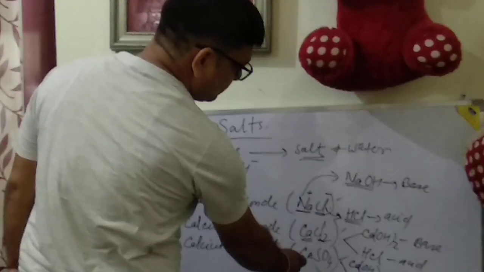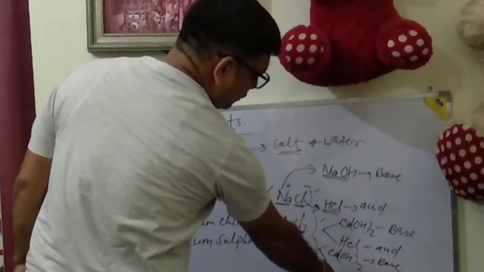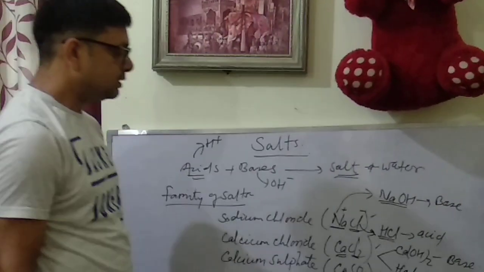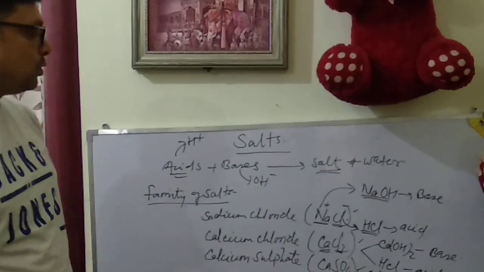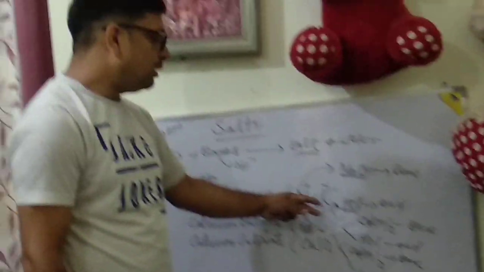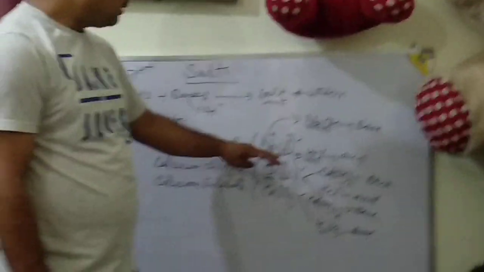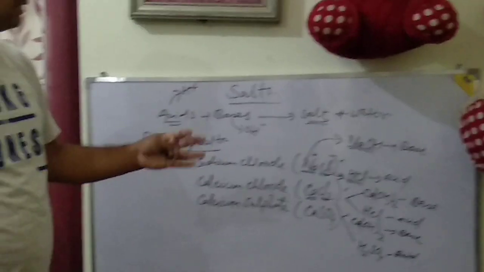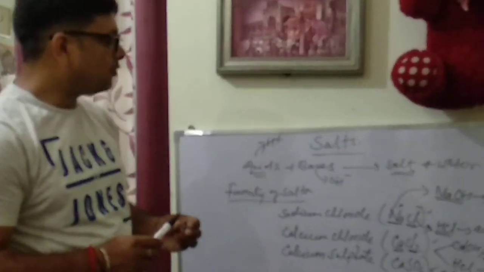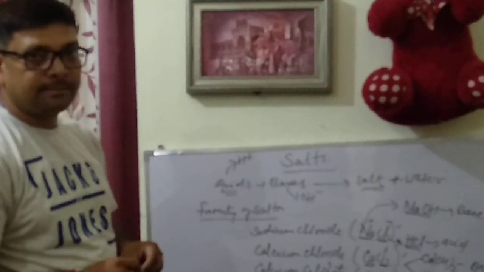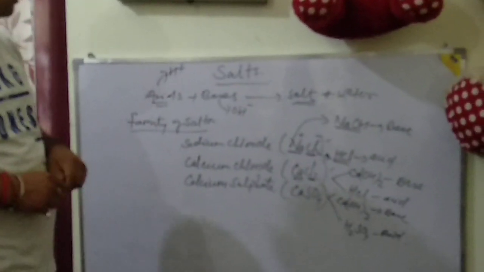In the formation of calcium sulfate, the acid involved is H2SO4 and the base involved is Ca(OH)2. So in this way we can find out the acids and bases which are involved in the formation of these salts. Now what are family of salts?